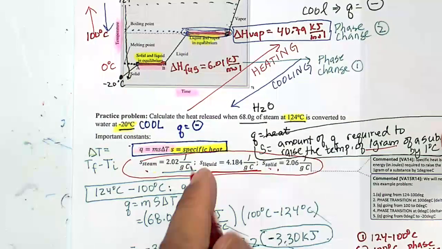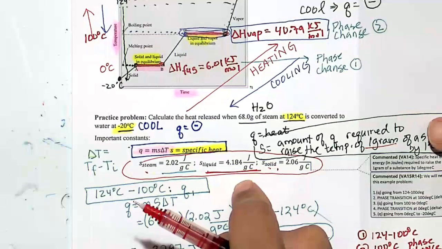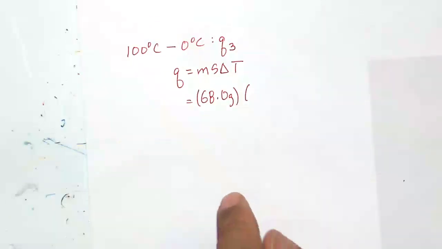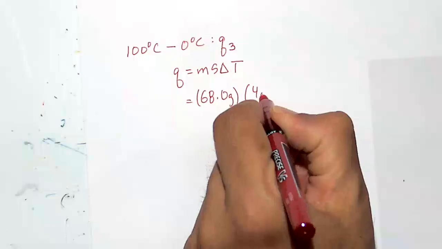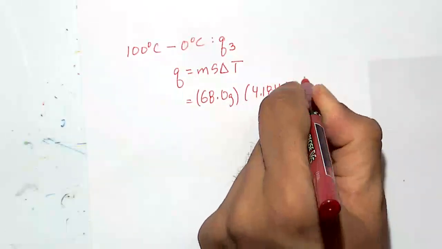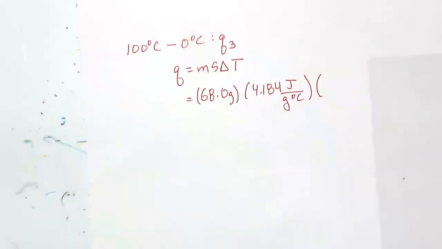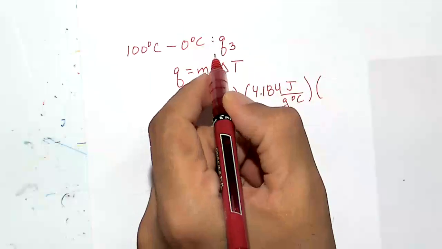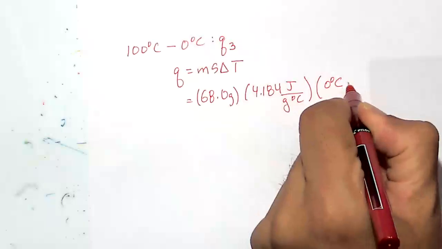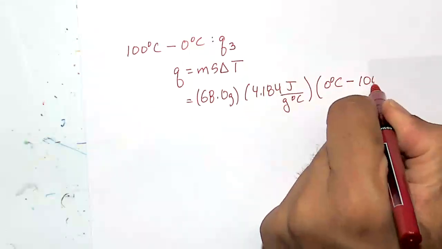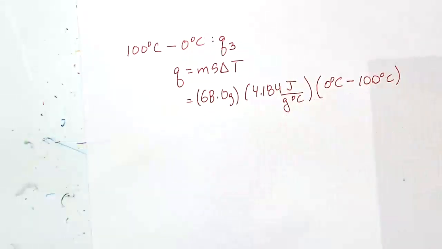All right, Q2 was the phase change, so this is Q3. 4.184 joules over grams degrees C. Final minus initial is delta T, and final is 0 degrees C. Initial is 100 degrees.